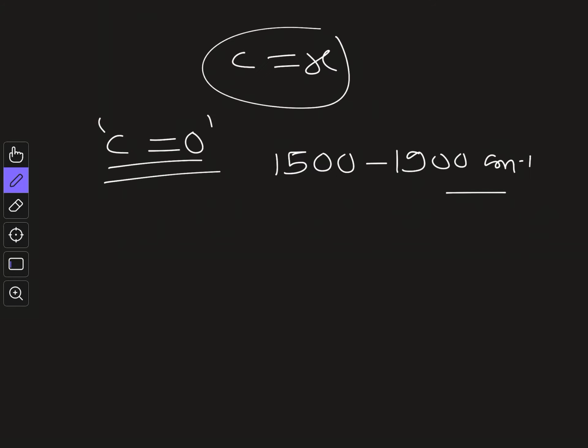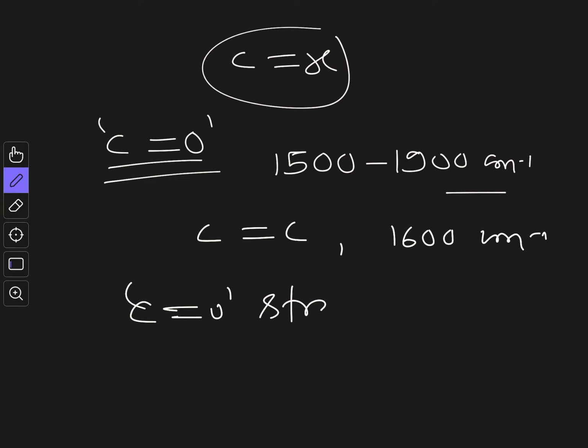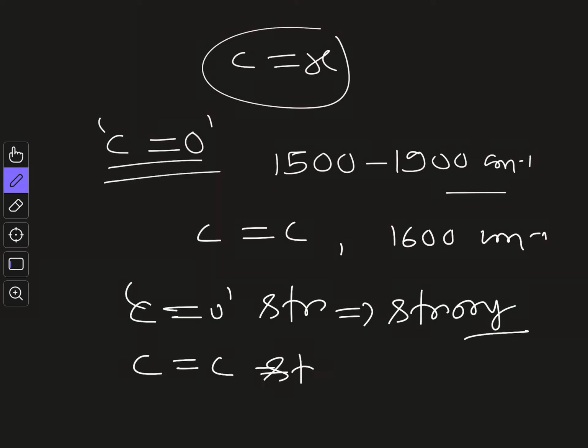For the CC double bond it comes at around 1600 centimeter inverse, and you will see that this CO stretching is a strong and sharp band, whereas the CC stretching shows a weak band.